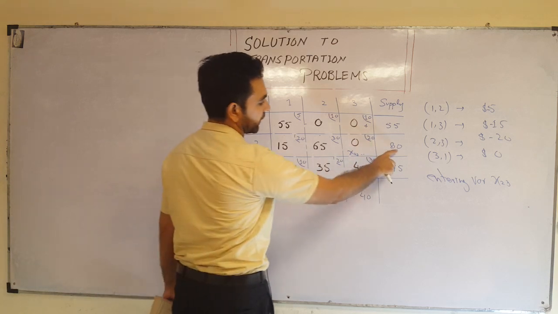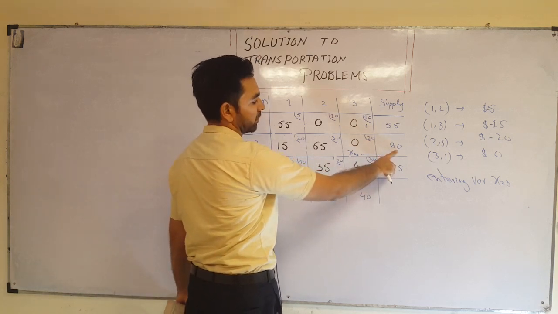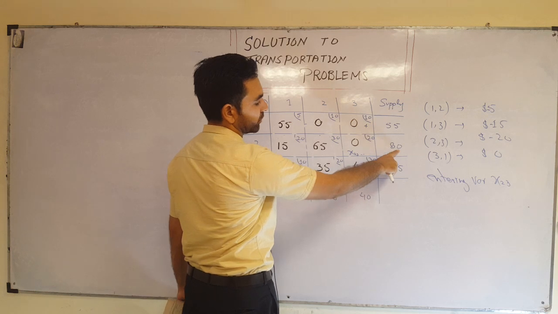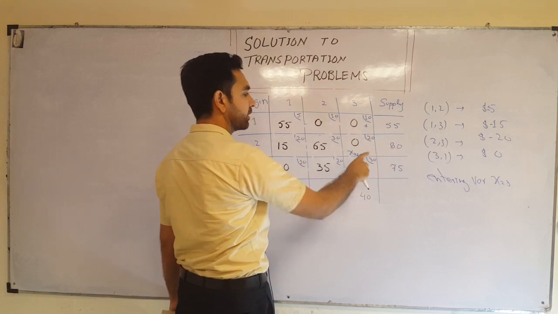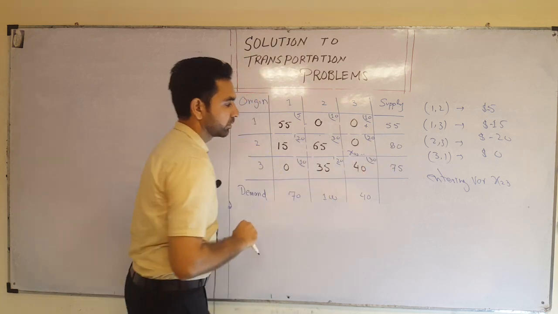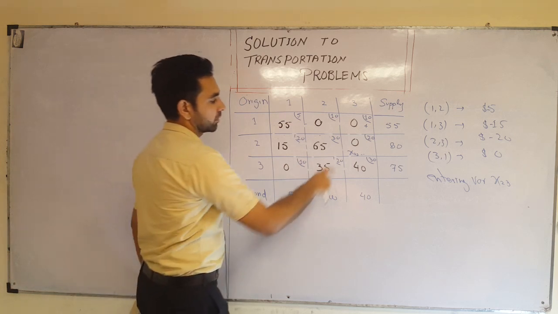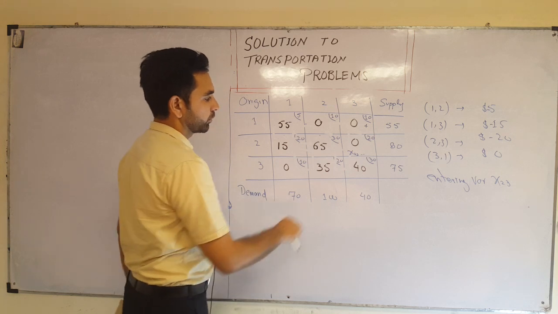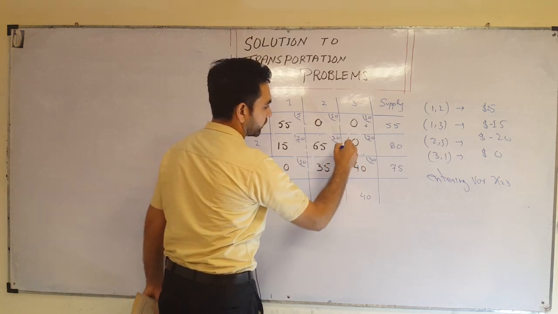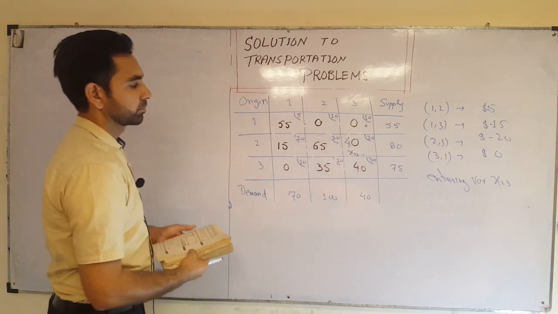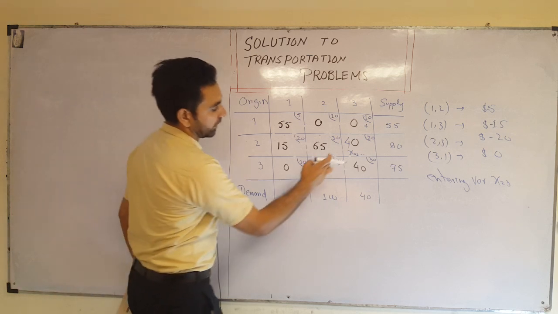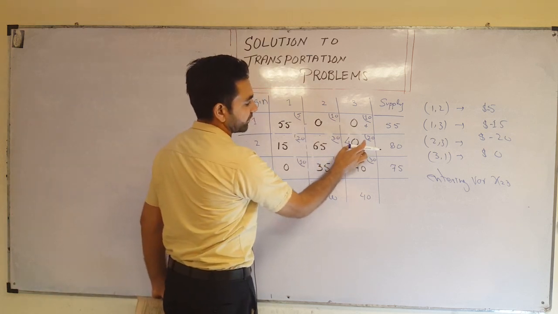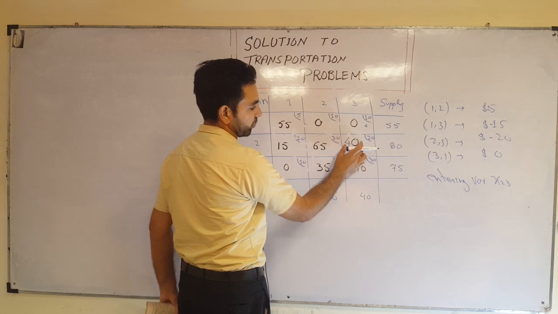So we can take up to 80 tons from here into this one. But if we look at the demand, it is only 40. So we add 40 into here, right?